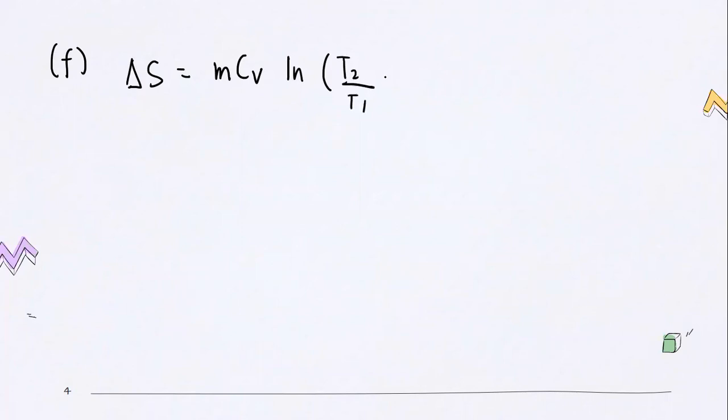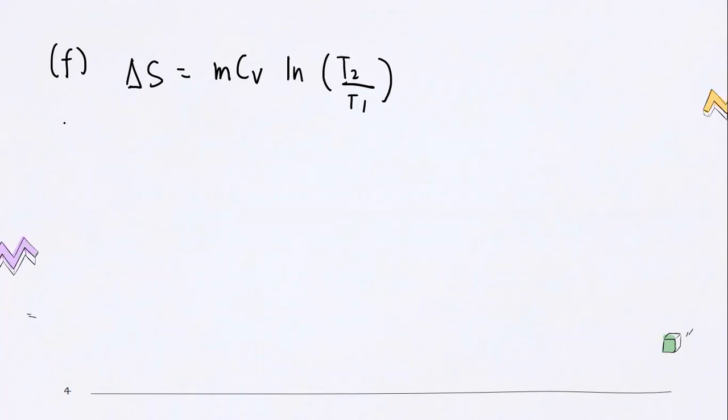Letter F, formula. Okay, we have the change of entropy, where delta S is equal to mCv ln (T2 over T1), where m is the mass, Cv is the constant volume specific heat, then ln T2 over T1. Again, if the formula has capital T, therefore that is absolute temperature.